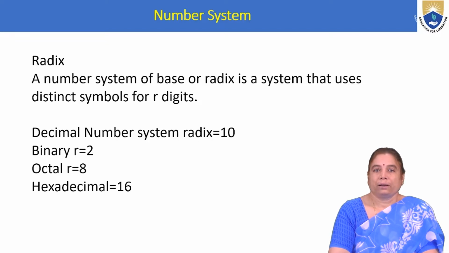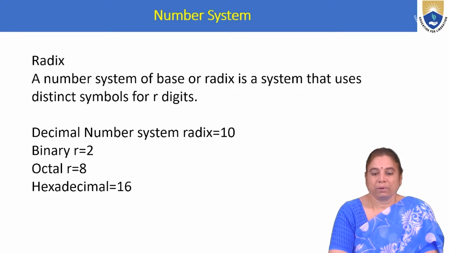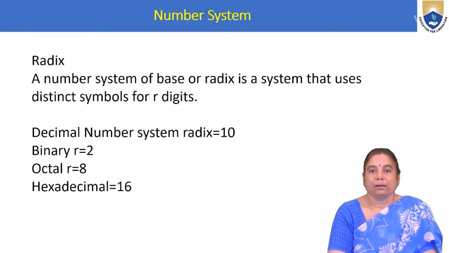The number can be represented with the number system. While representing the number system, the radix or base is the major component. So what does radix mean? A number system's base or radix is the number of distinct symbols used for the digits.